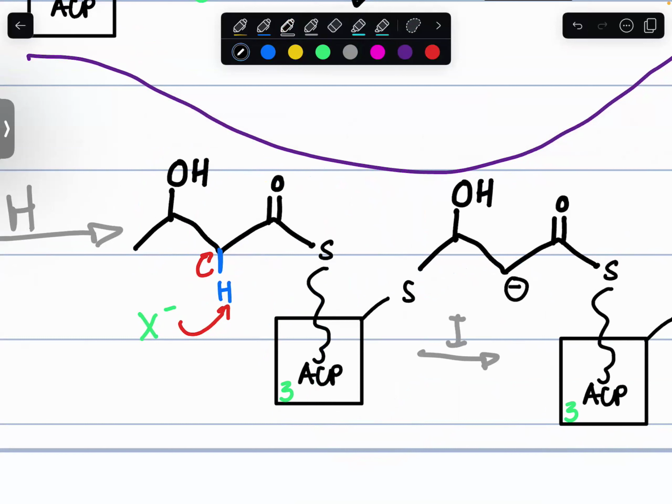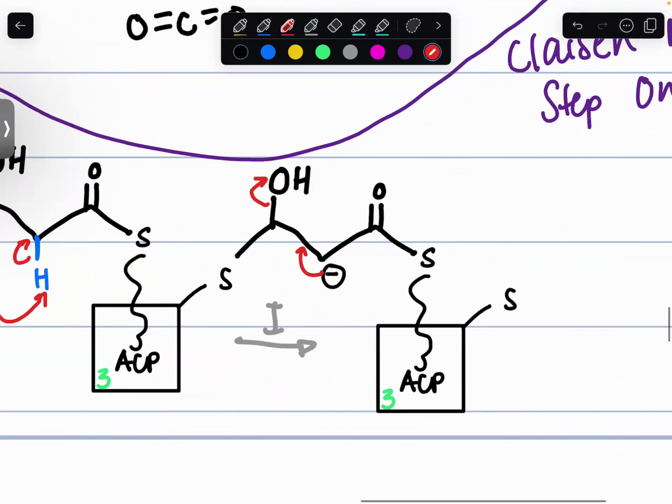This anion is going to come up into our system and kick off water. Now you may be saying, Jess, it's not kicking off water, it's kicking off OH minus. Water is always in its ionized form, so you have H plus and OH minus. So you have H plus that will turn it into H2O.